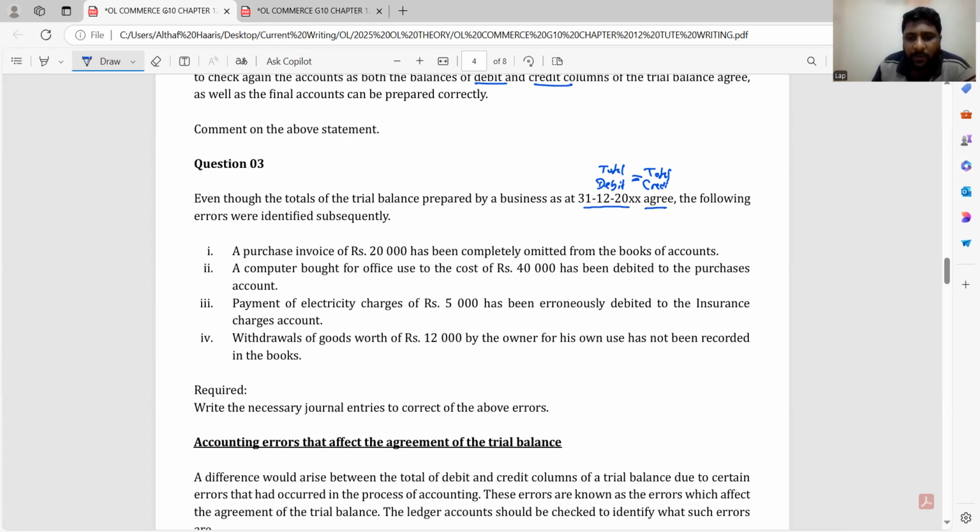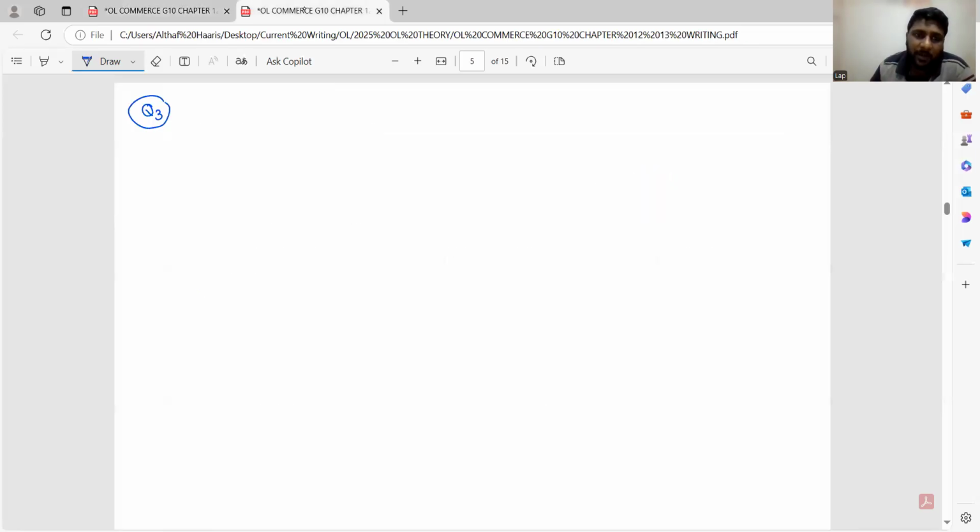A purchase invoice of 20,000 has been completely omitted. You tell me the correction entry, Lamai. Completely missed. Then in order to correct it, simply record the entry.